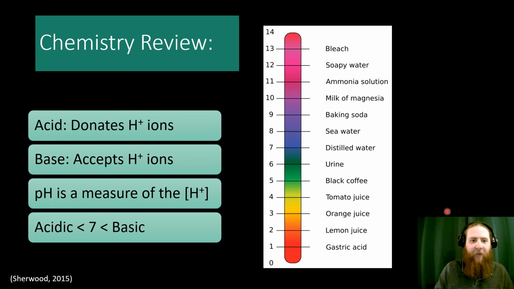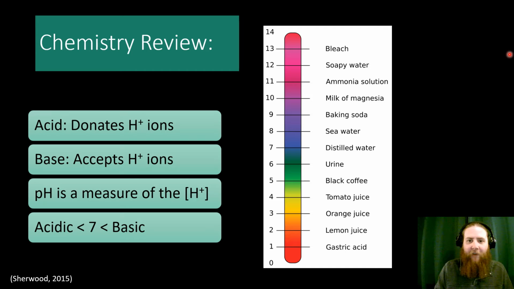I have a pH scale here. Neutral is this middle ground at 7, like distilled water. Anything below 7 is acidic, things like black coffee, tomato juice, orange juice, and stomach acid, gastric acid, is down here at a 1.